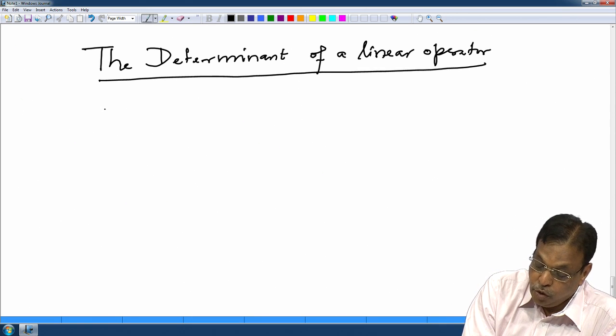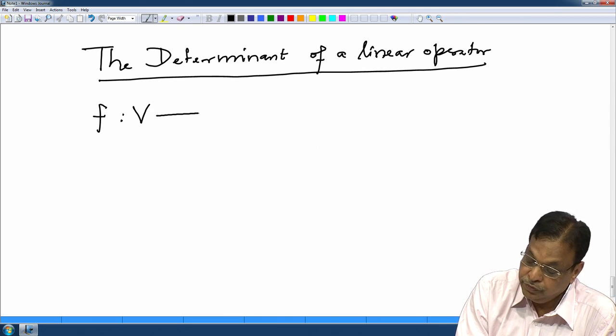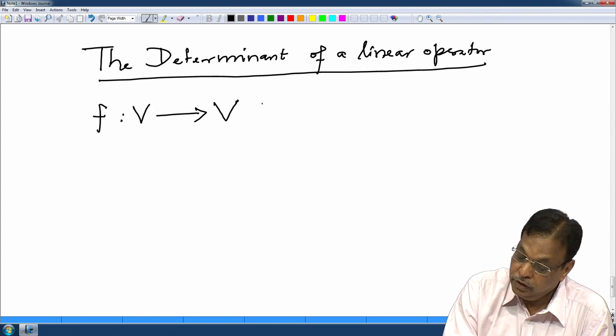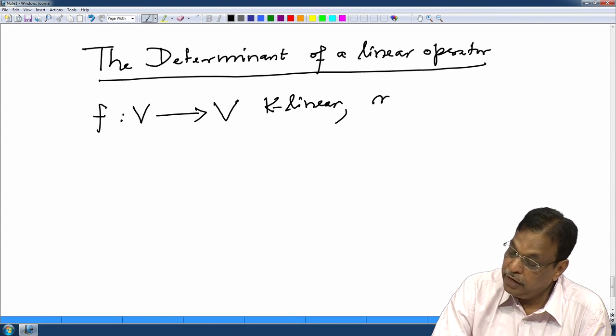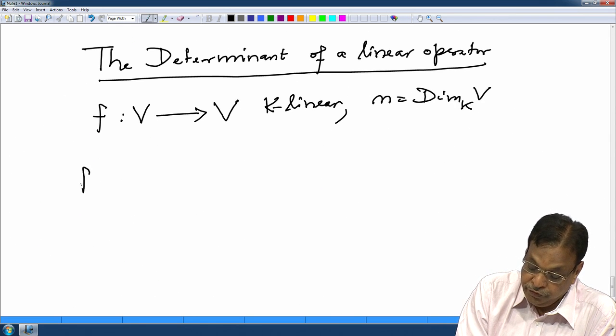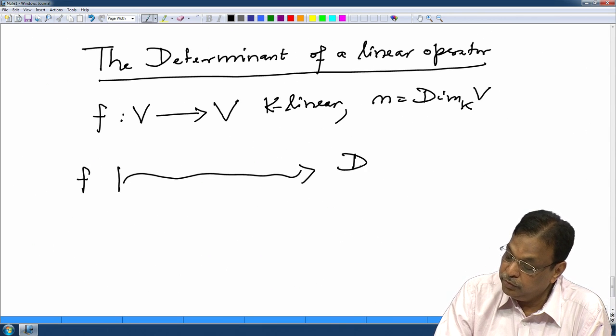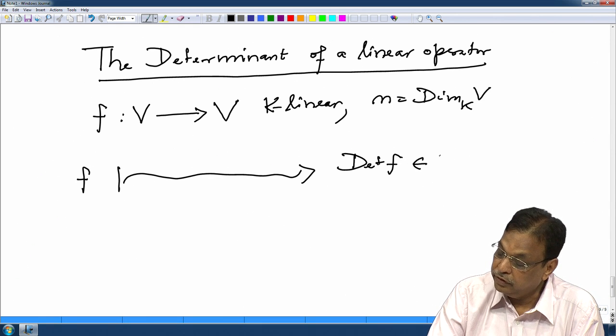So, given a linear operator f on a finite dimensional vector space V to V, K linear, and n is the dimension of V, I want to associate to this f a scalar which one wants to call the determinant of f. This is a scalar.